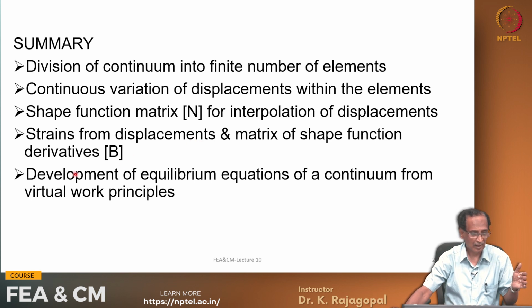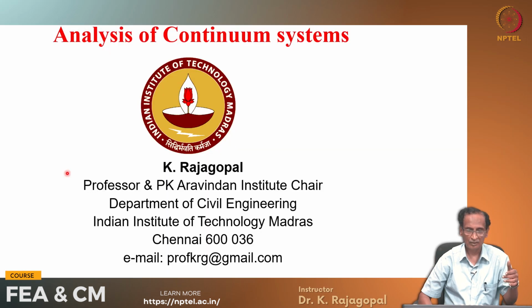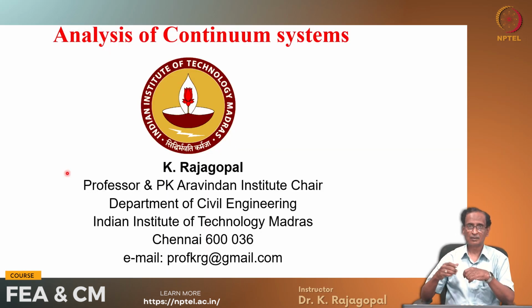We have also seen the equilibrium equations for a continuum. We will do a bit more in the next lecture, so that we understand how we can do the analysis. So thank you very much.